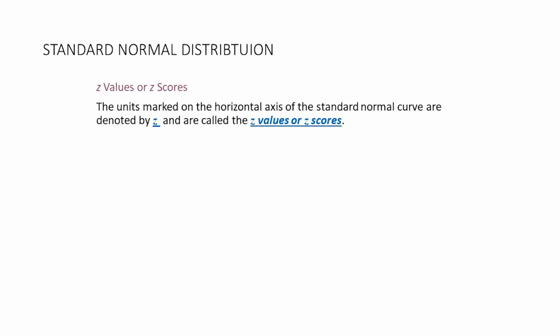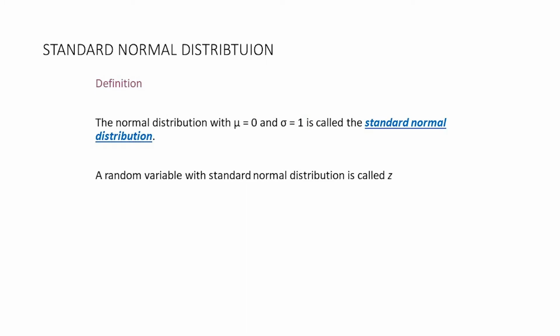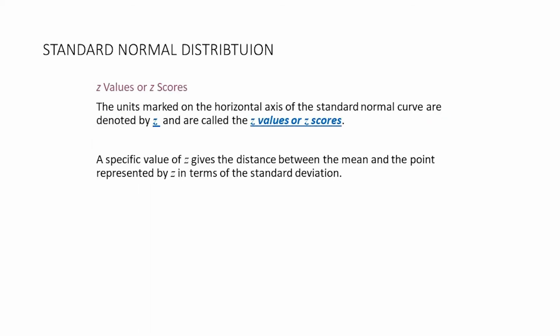The units on the horizontal axis of the standard normal curve are denoted by Z, and a specific Z value gives you the distance between the mean and the specific point in terms of the standard deviation.